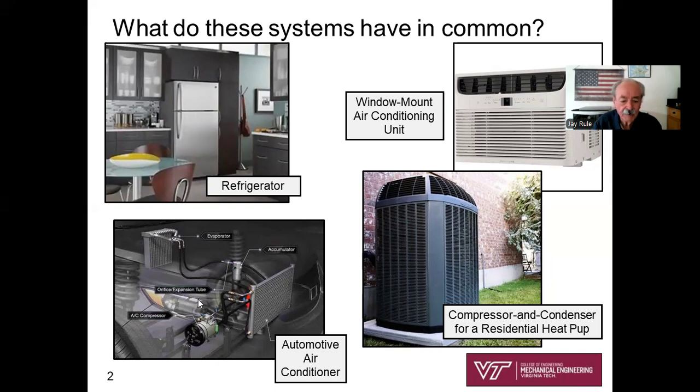And even the air conditioning system in your automobile underneath the hood. What they all have in common is they all use the vapor compression refrigeration cycle to keep you or your food and beverages cool.